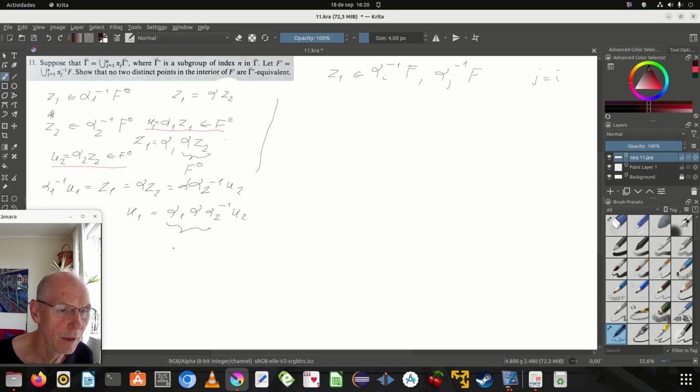This lies in gamma, and that means that U1 equals U2.